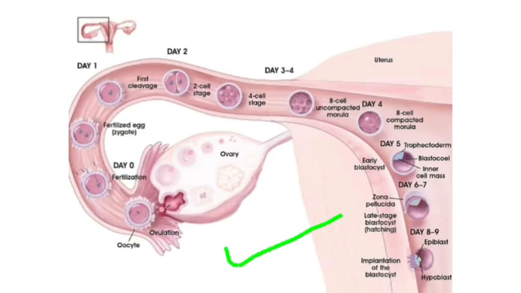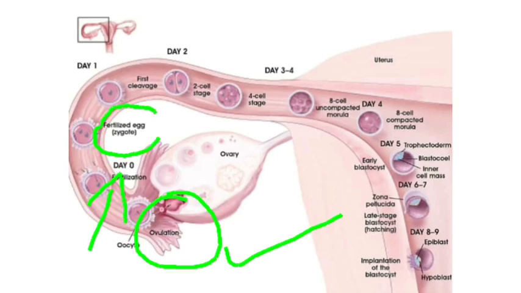We know on the 14th day of the menstrual cycle, ovulation takes place, and after ovulation, fertilization occurs. In this area fertilization occurs, and after fertilization, the ovum is called the fertilized egg or the zygote.